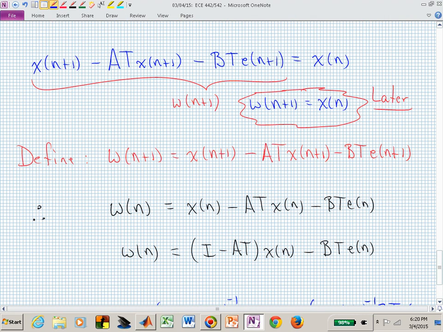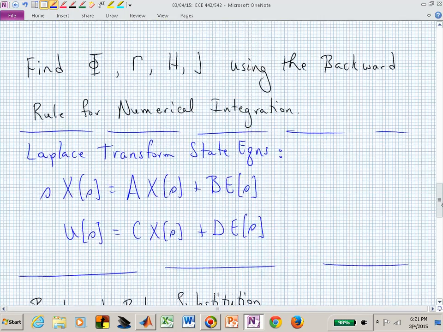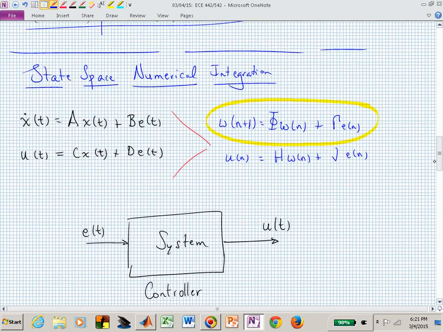And I'm going to go back to what I said. Let's remember what we needed for later. We want a state space equation that has w at time step n plus 1 equal to something on the right that's a matrix times w at n plus another matrix times the input at n.